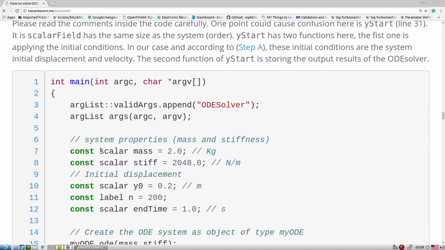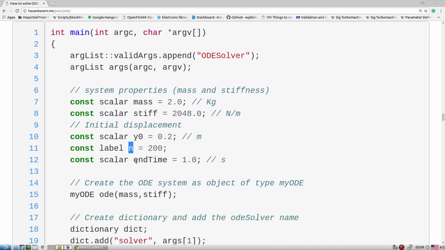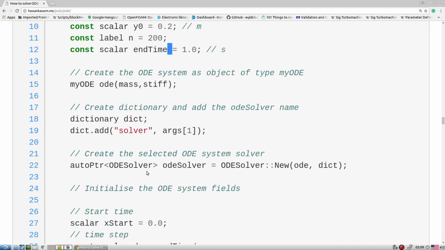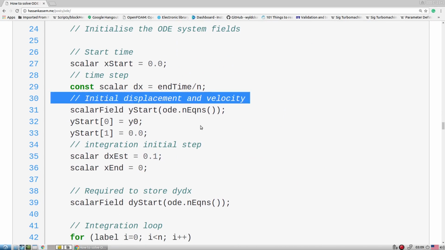Inside the main program we have to define all the properties, like what is the mass, what is the stiffness, the scalar functions, y0 initialization, end time, and then the entire code. This is the initialization of the velocities.